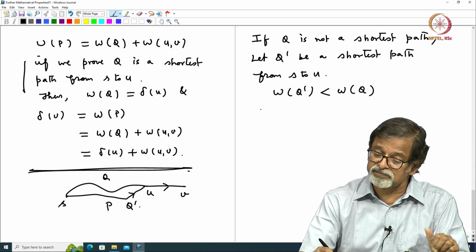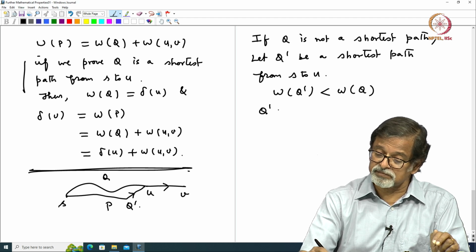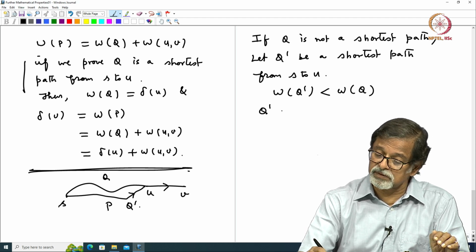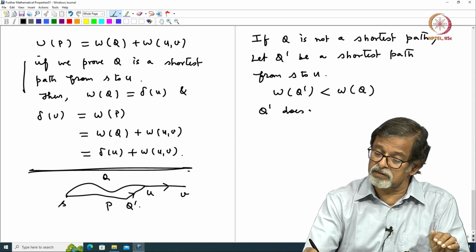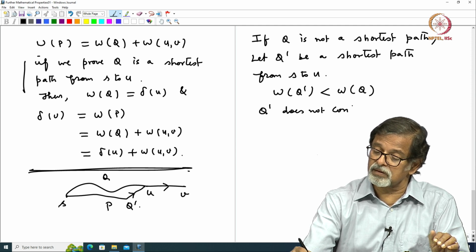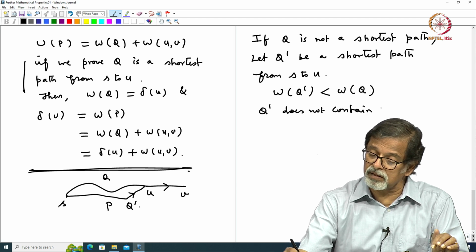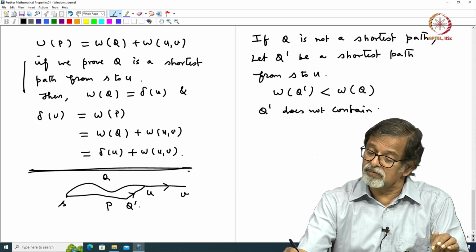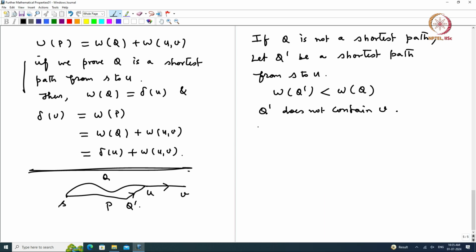Q dash does not contain V, then Q dash plus uv is a path from S to V. You can see the figure, Q dash goes from S to U and UV is added.